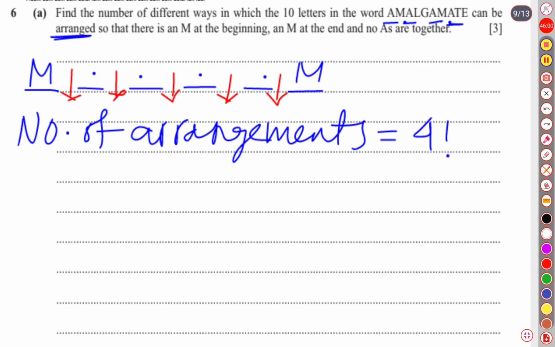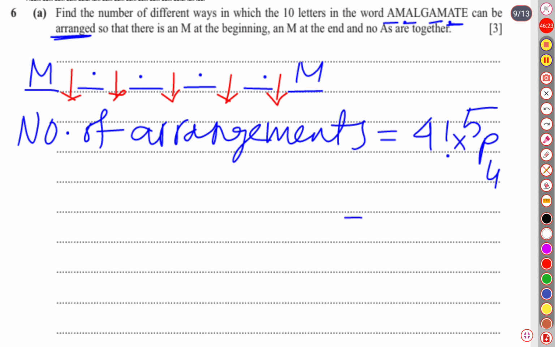There are in total 1 2 3 4 5. So there are 5 positions for the A's to occupy, but there are only 4 A's, so they will occupy 4 out of 5 places. In between them there will be a multiplication symbol.